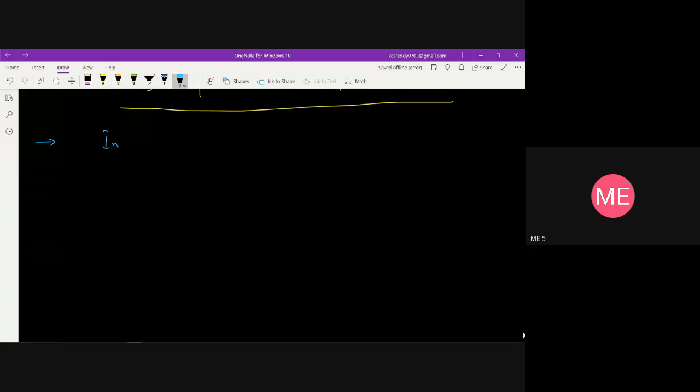Say they have given the equipment initial cost as rupees 1 lakh, and then we have the salvage value given as, say, rupees 20,000. And the service life of the equipment is given as, say, 8 years.